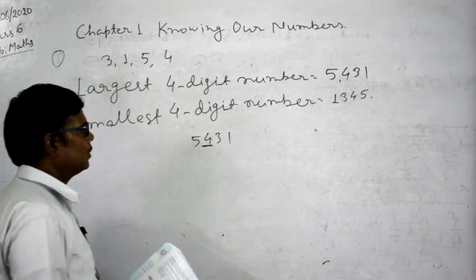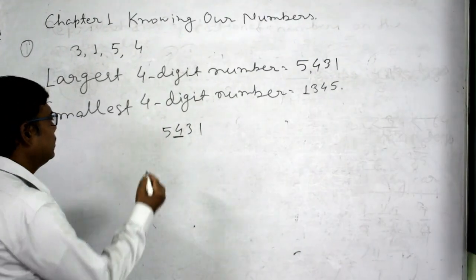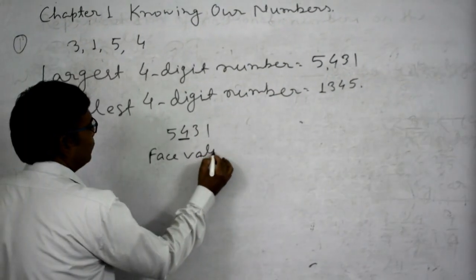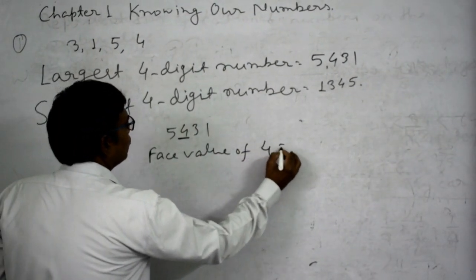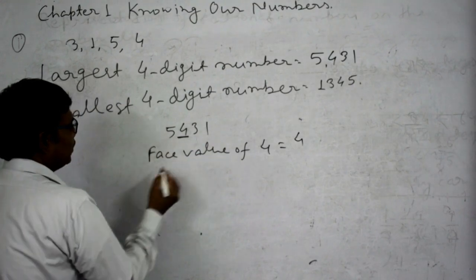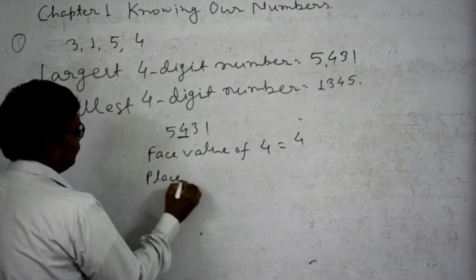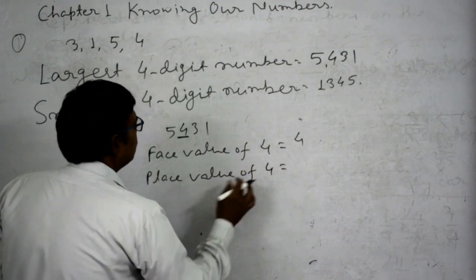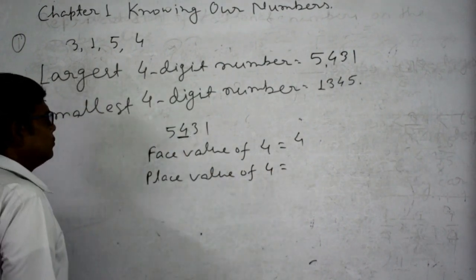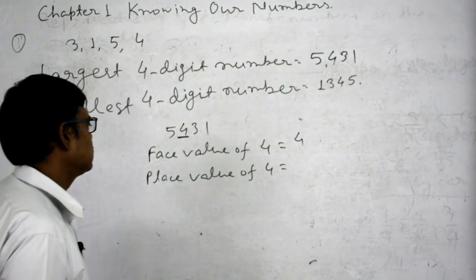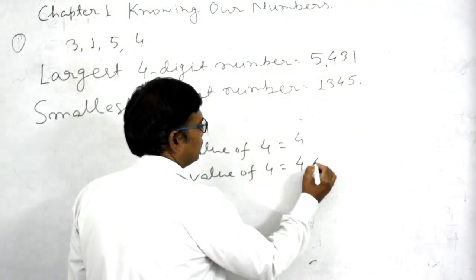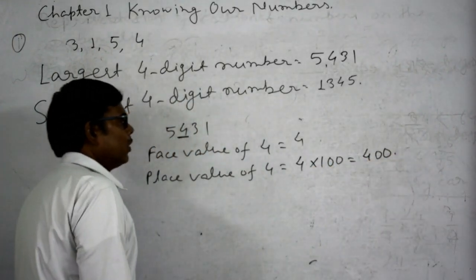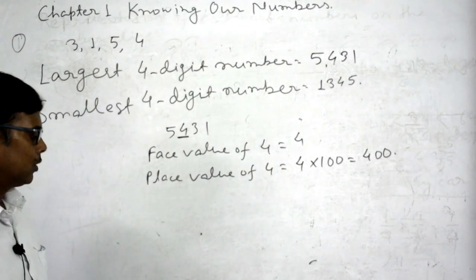The face value is the same as the digit, so the face value of 4 equals 4. The place value of 4: because 4 is at the hundreds place, the place value is 4 into 100, equal to 400. This is how you find the place value of a given digit.